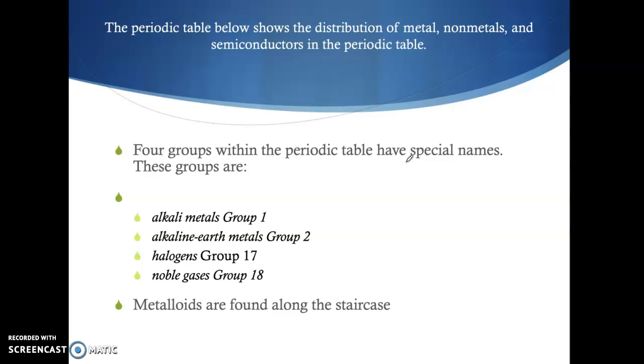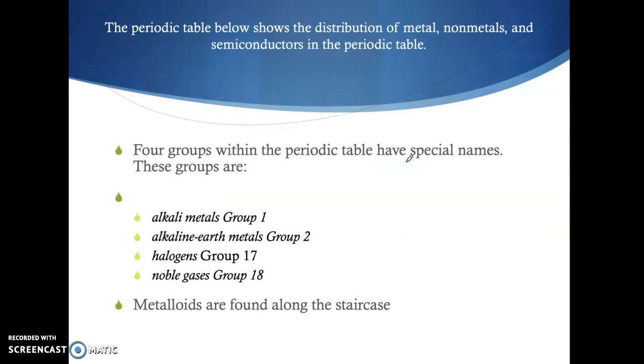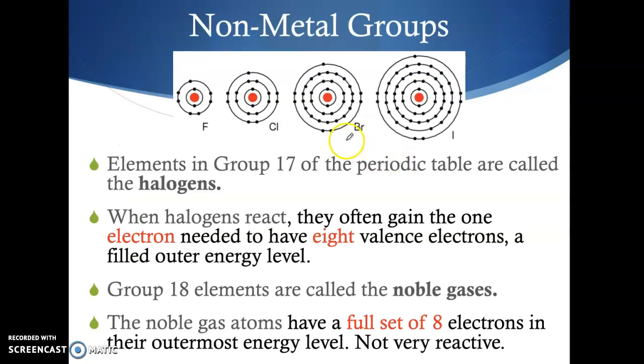So some of the groups have special names. We just looked at alkali metals and alkaline earth metals. We also have halogens and noble gases, and metalloids found along the staircase. So if I look at my halogens here, if you notice, 1, 2, 3, 4, 5, 6, 7, they all have 7 valence electrons, so they gain 1 to have 8 in their outer shell.